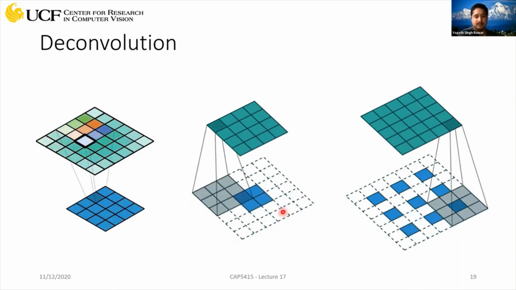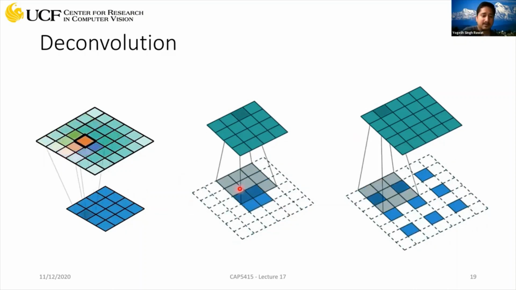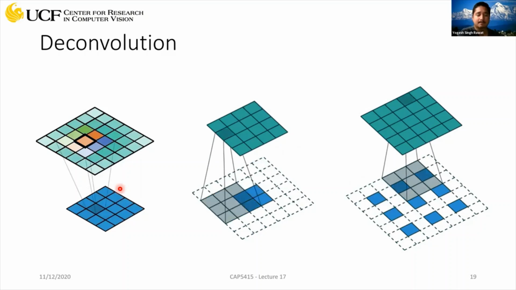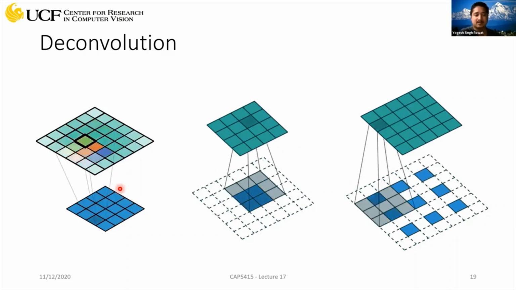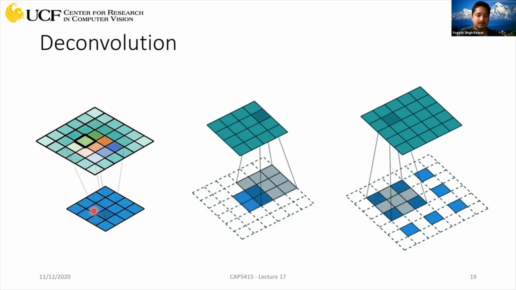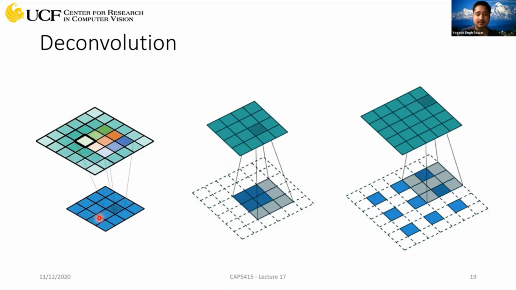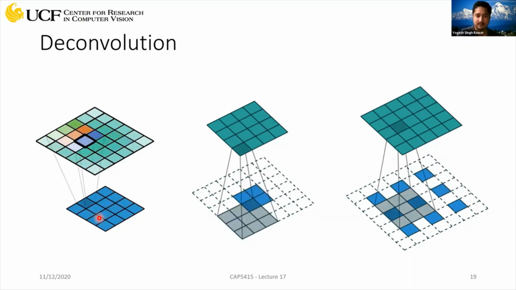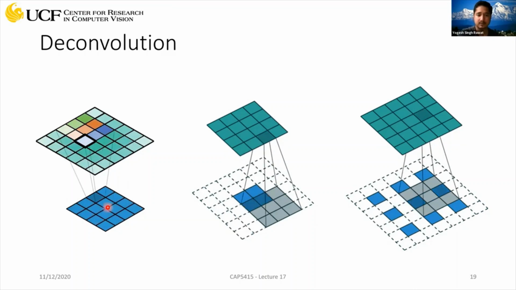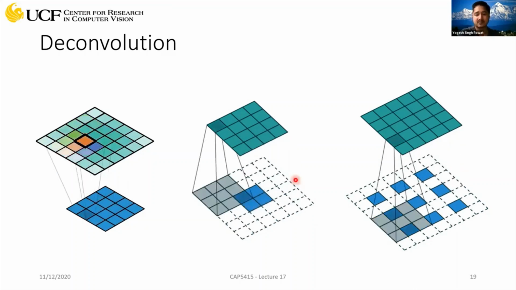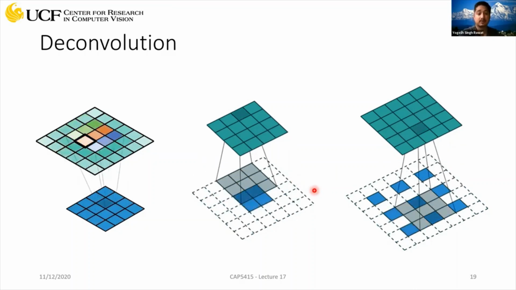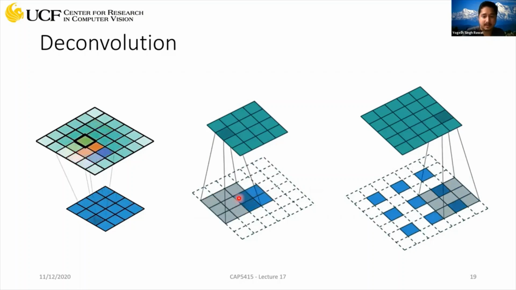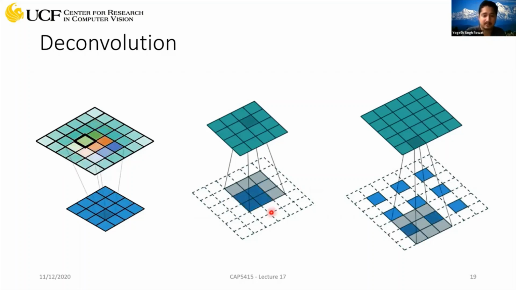Now the other is, and this is a nice way to say it's a deconvolution, because in fact you're moving from 1 pixel to 9 pixels, in contrast to what you do in convolution. But the other variations still make use of the convolution operation. Let's see how they try to increase the resolution.